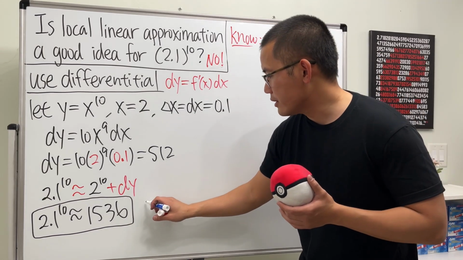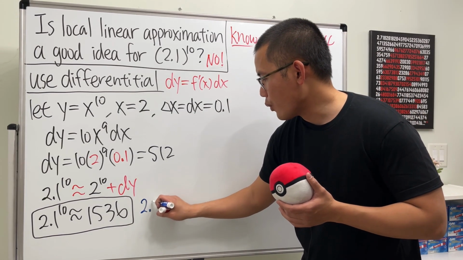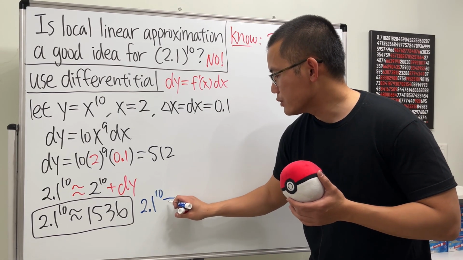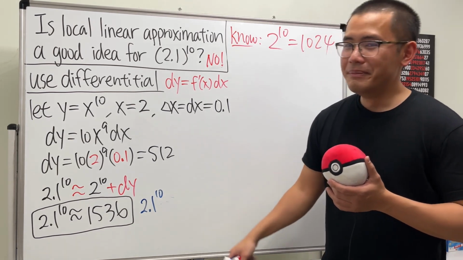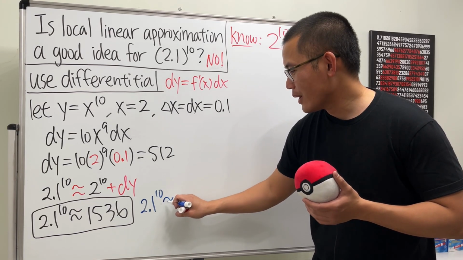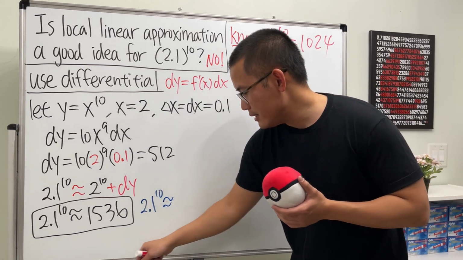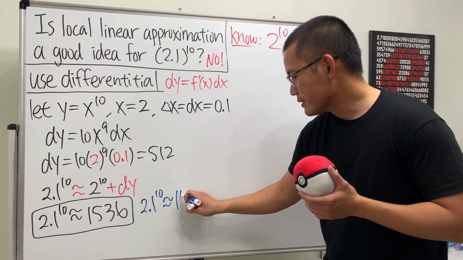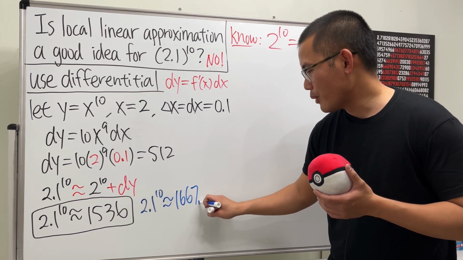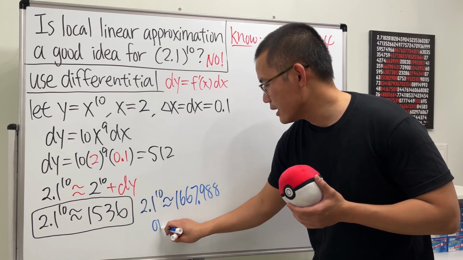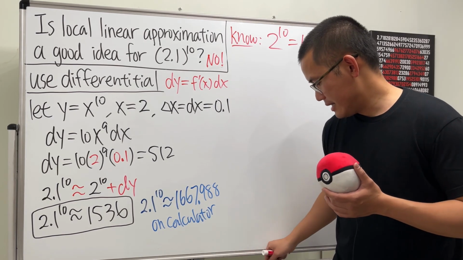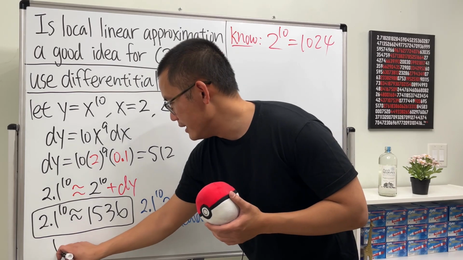However, on the calculator, if we have 2.1 to the 10th power, unfortunately it is not equal either. Because we have the 10th power, I will just tell you this is approximately 1667.988, and this is on the calculator, and this is the linear approximation.